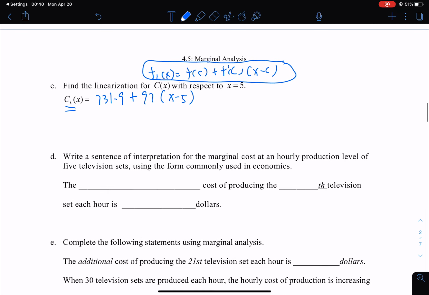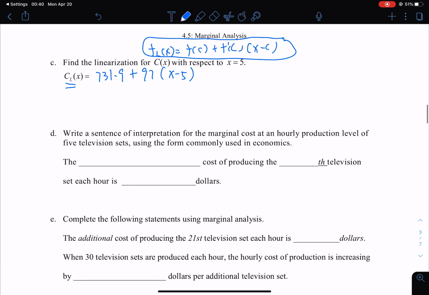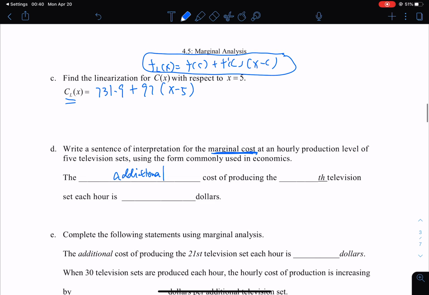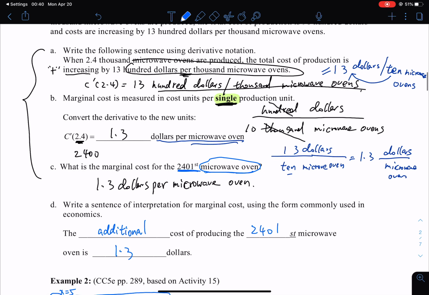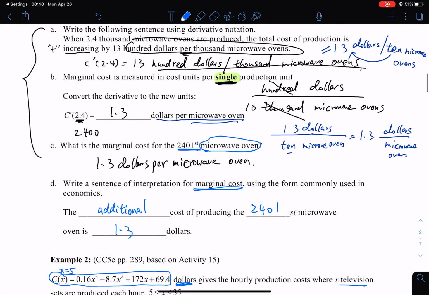And question D is about the interpretation. So the keyword is the additional. The question is, write a sentence of interpretation for the marginal cost. And the last keyword is actually marginal cost.